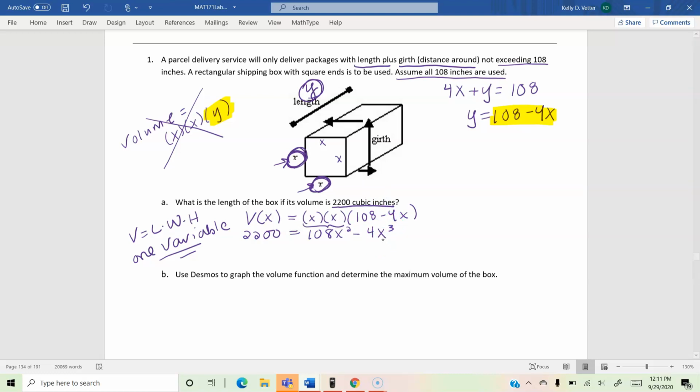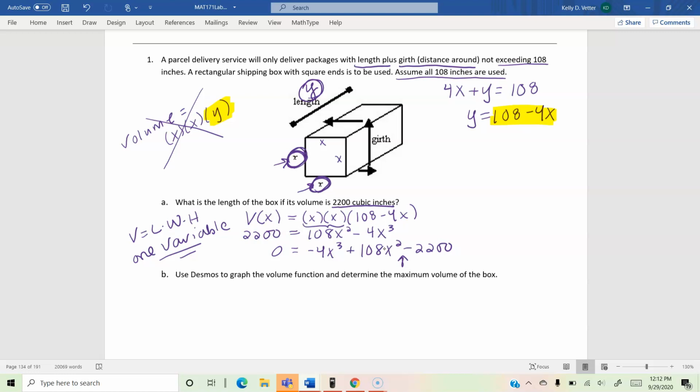So let's get this in standard form. I'm going to put the negative 4x cubed in the front plus 108x squared, and then I'm going to subtract that 2200 over, and then I'm going to have it equal to 0. Notice we are missing a term in here, right? Think about back when we did polynomial long division and you would have to put in a placeholder.